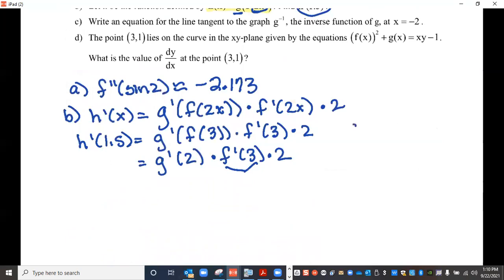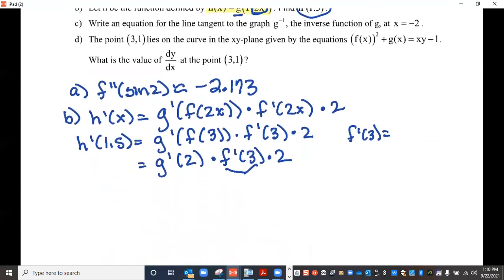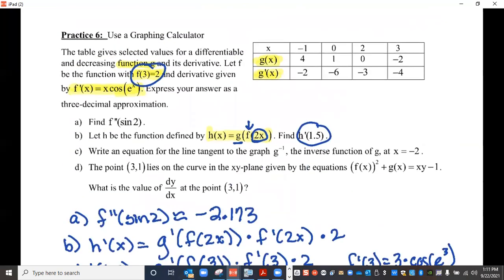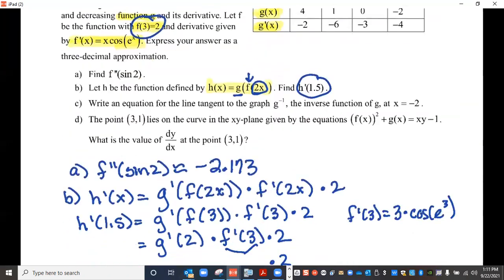Remember, they gave me f prime, so I'm just going to simply plug into that equation. So that's just going to be 3 times the cosine of e to the third. I'll dump that in my calculator. Where am I going to find g prime of 2? Table. So from my table, what is g prime of 2? G prime of 2 is what? Negative 3.